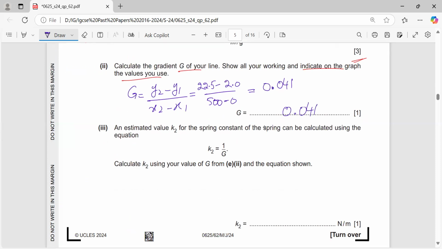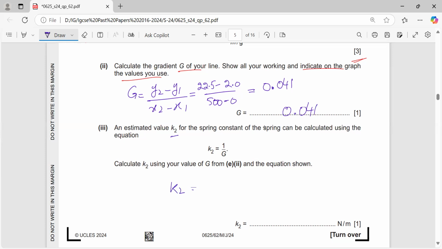Next is an estimated value K2 of the spring constant of the spring, which can be calculated using the equation K2 equal to 1 over G, the reciprocal of the gradient. So K2, using your value of G from E2, the gradient value.